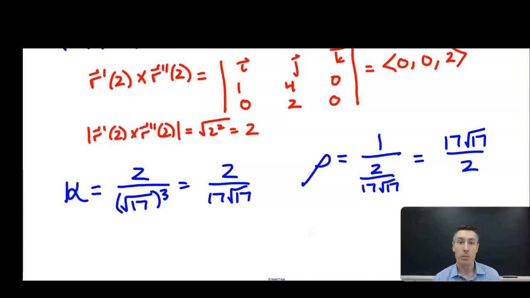That made the computation a bit easier since we worked with numeric vectors instead of vectors in terms of t. And then the last thing we define is the radius of curvature, which is the example that's on the screen right now. So it's going to take a bit of practice with the curvature, but once we get comfortable with that formula, it's just a matter of finding all the necessary vectors, computing the cross product, and finishing the problem out.